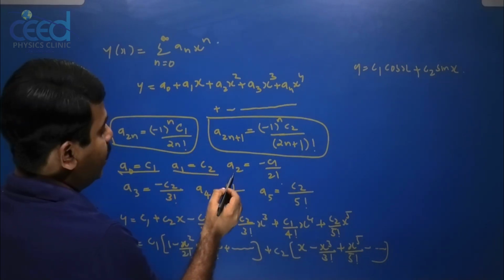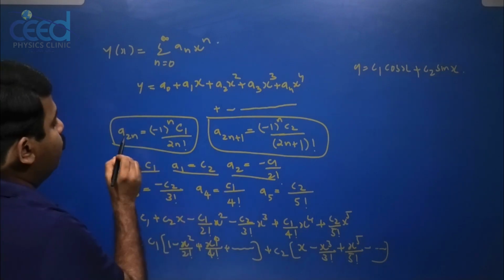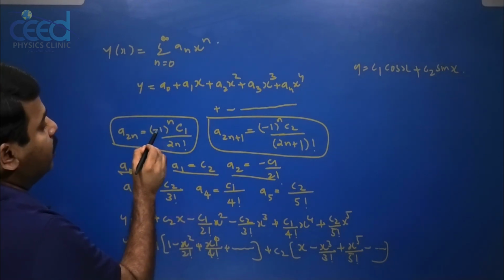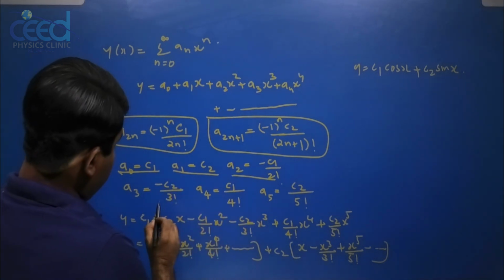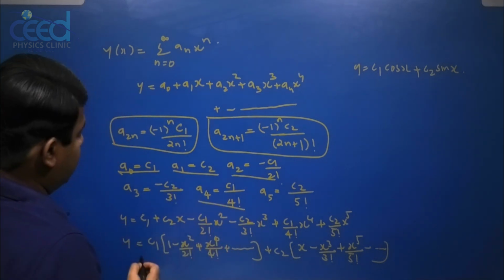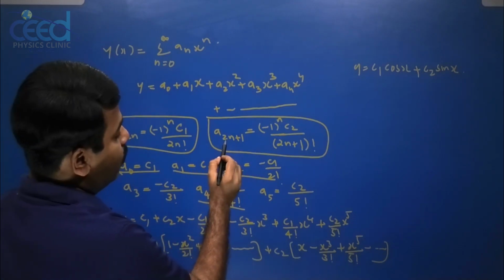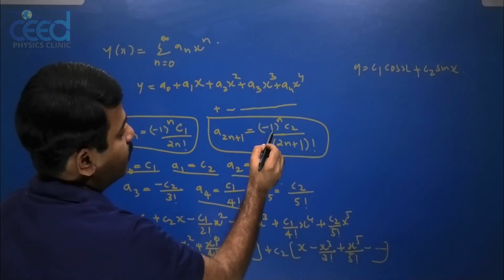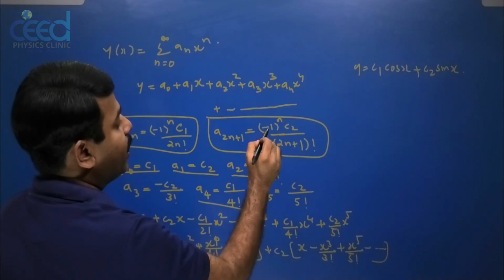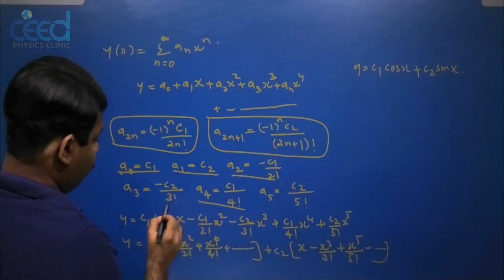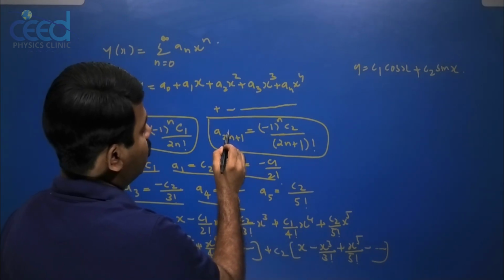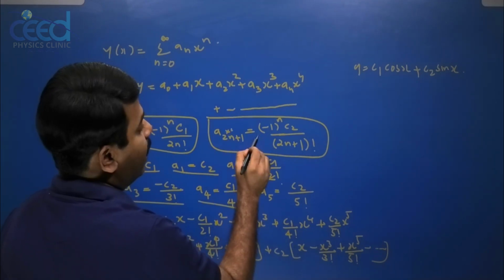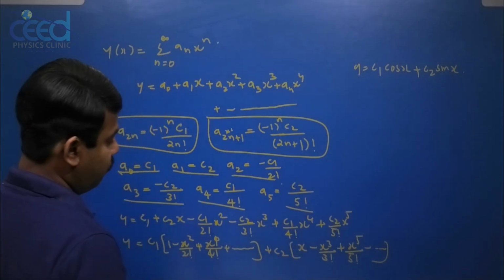To find a4, put n equal to 2 here, then we get c1 by 4 factorial. To find a3, put n equal to 1, which gives minus c2 divided by 3 factorial. And a5 similarly you can find, put n equal to 2 here, then you get c2 by 5 factorial.